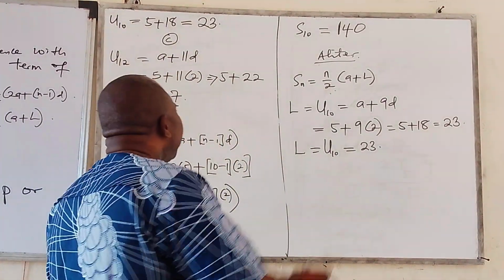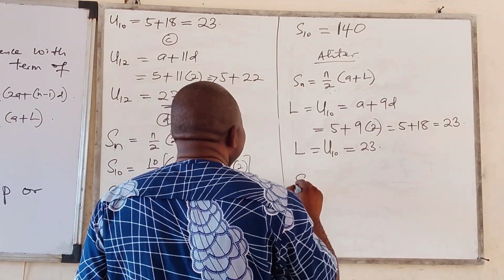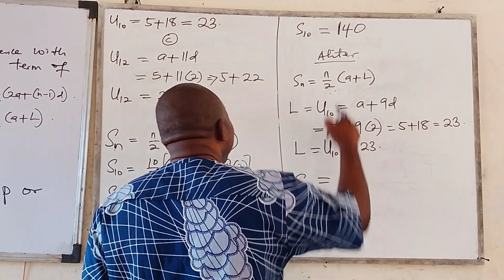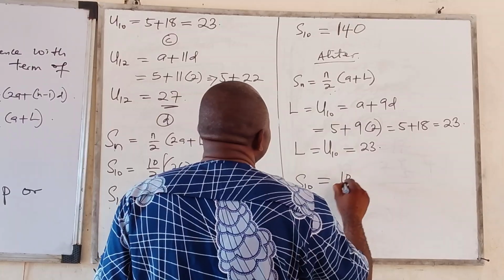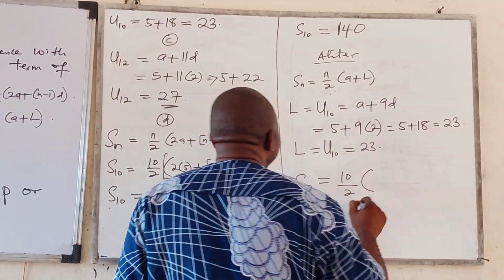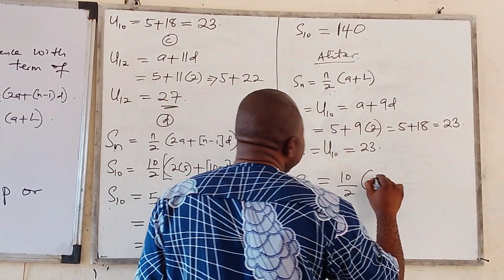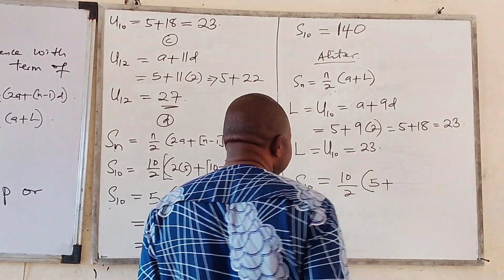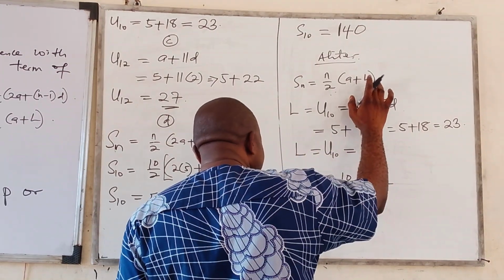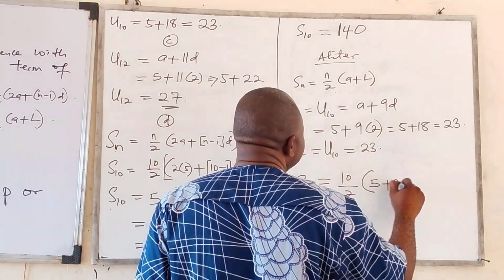So here, going by this formula, S10 will be equal to, we have n, which is 10, so 10 all over 2 in brackets, the value of our A, which is 5, plus the last term, L, which is 23.